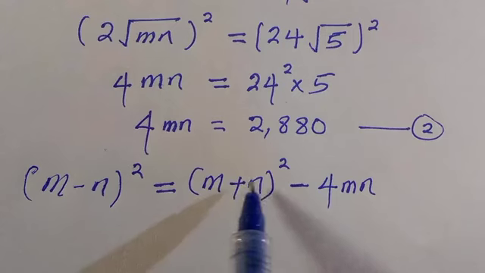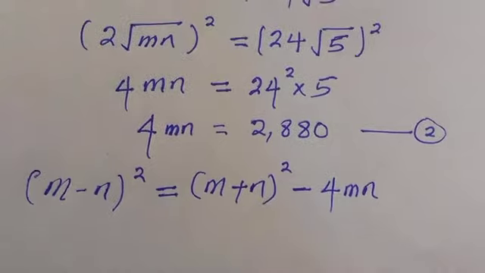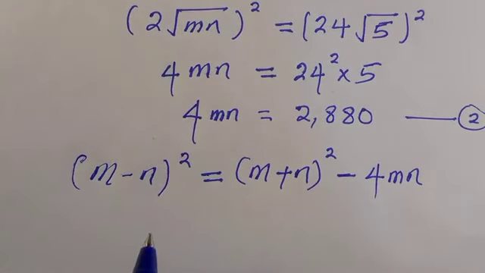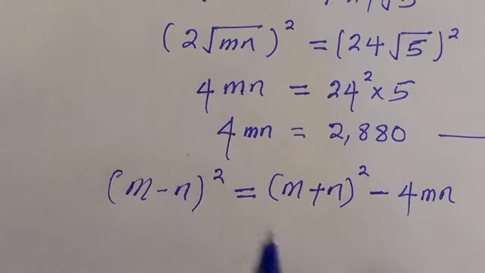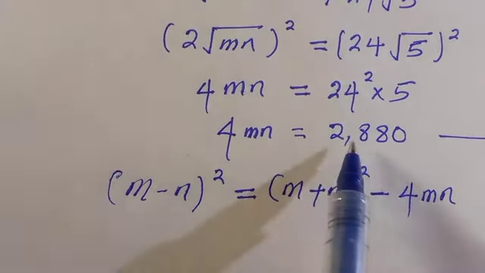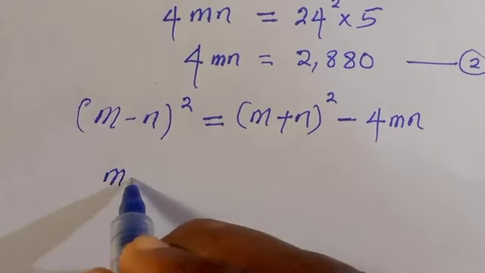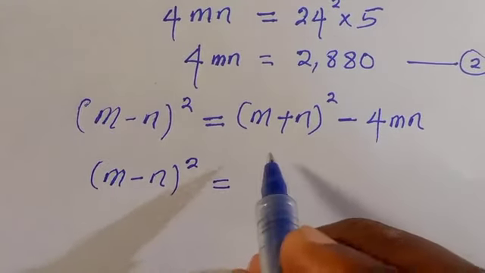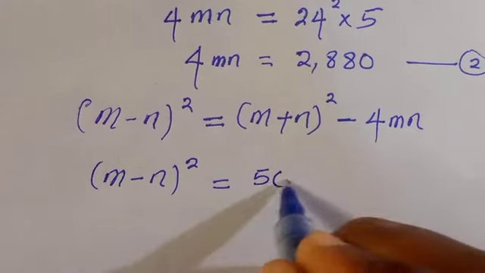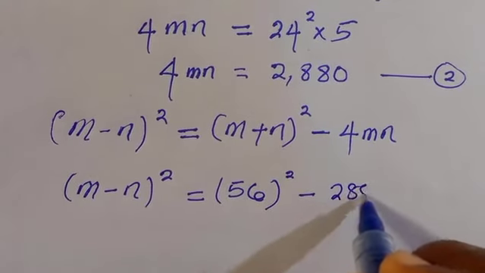Recall that m plus n equals 56, and 4mn is 2880. So we do the replacement here: m minus n all squared equals 56 squared minus 2880.